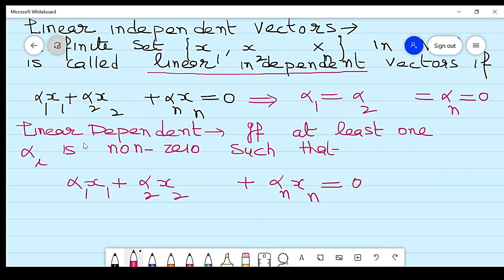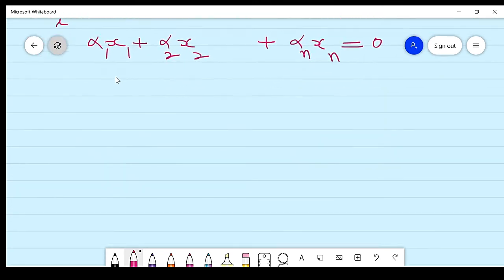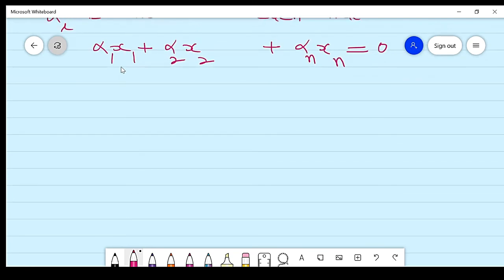So this is called linear dependent, and the other case is called linear independent.